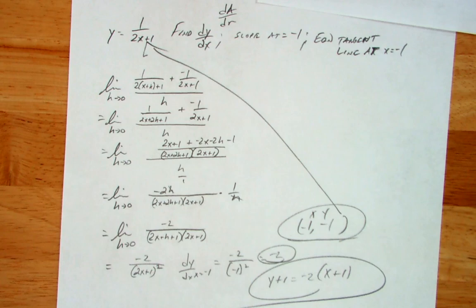And if a person wanted to simplify that, they could. You don't have to, but if you want to, the advantage of simplifying it would be that you could go in your graphing calculator and type it in and see that it is tangent at that point.